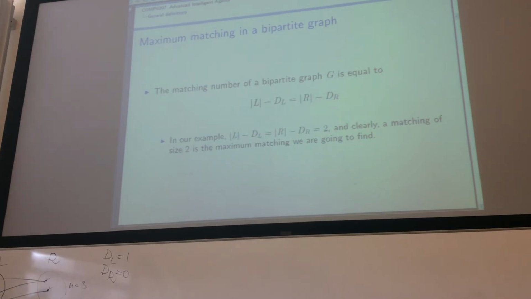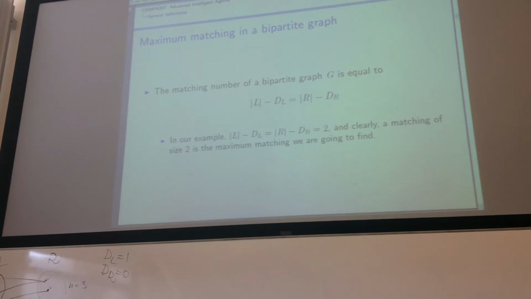The matching number is the size of the maximum matching that we can find in the graph. In a bipartite graph it is equal to the number of nodes on the left-hand side minus the left deficiency, and it must be the same as the size of the right-hand side minus the right deficiency.